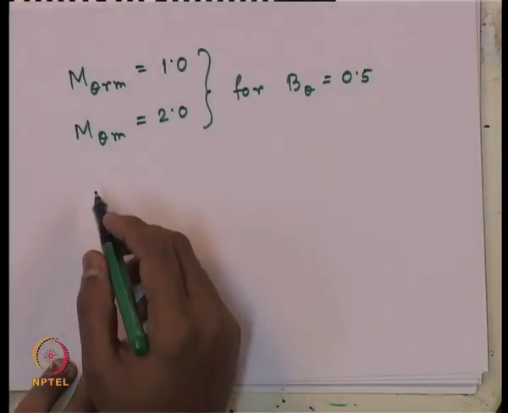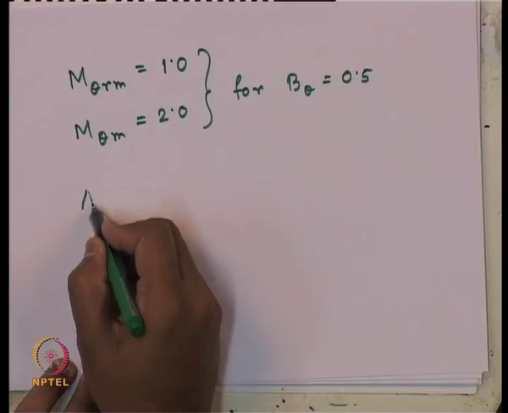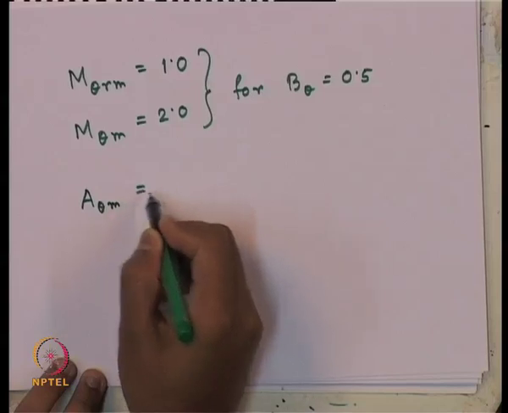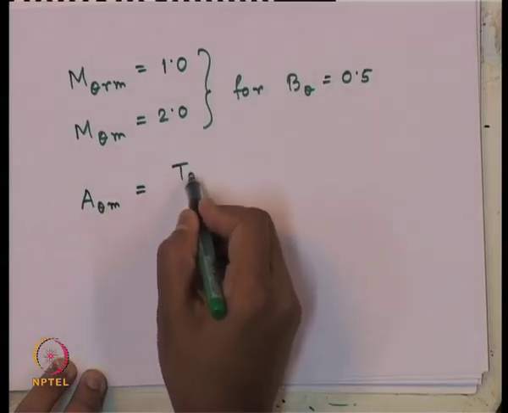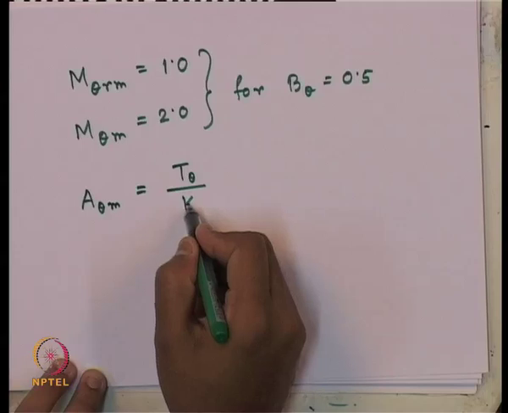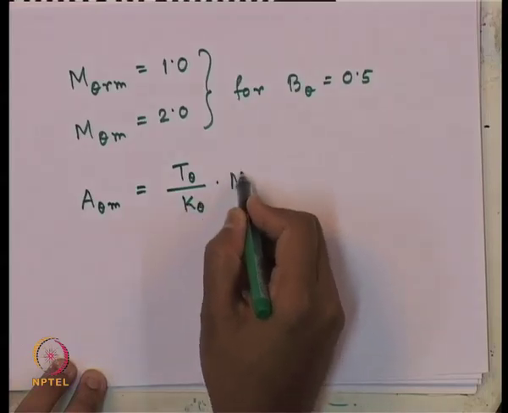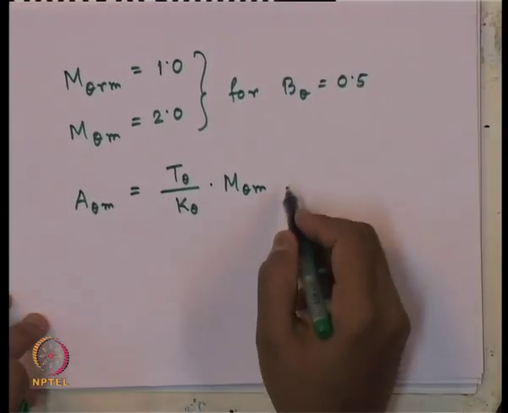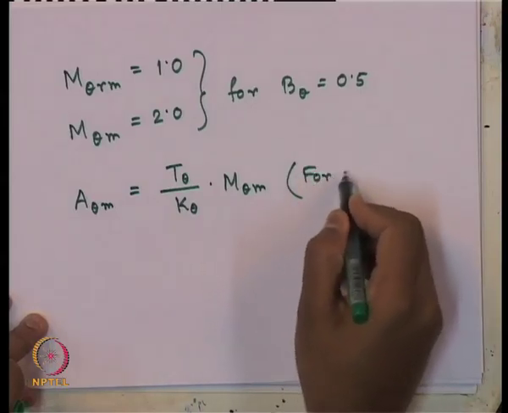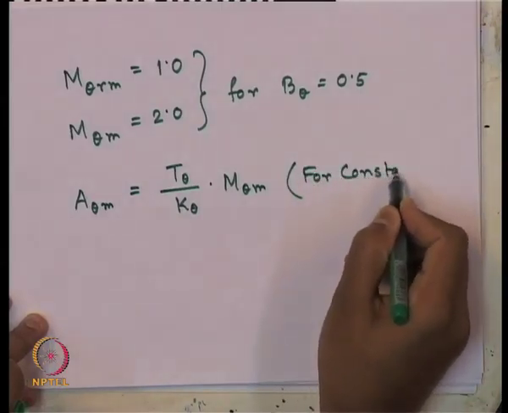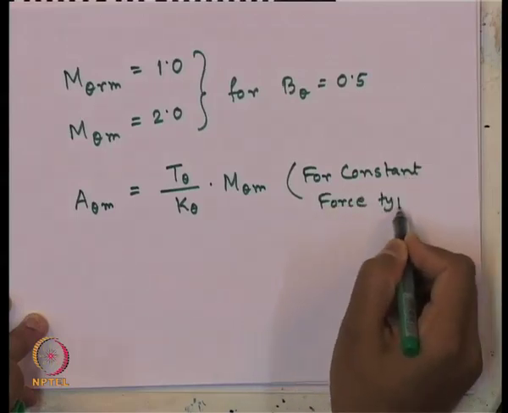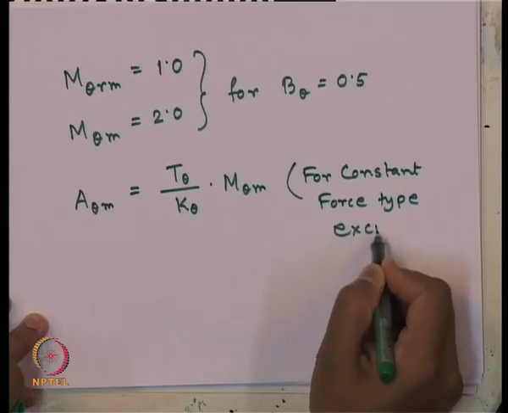Now, what is the expression for a theta m? A theta m is nothing but T theta by k theta into m theta m. Do you agree with me? This is for constant force type excitation.